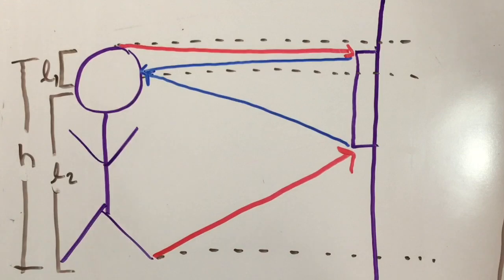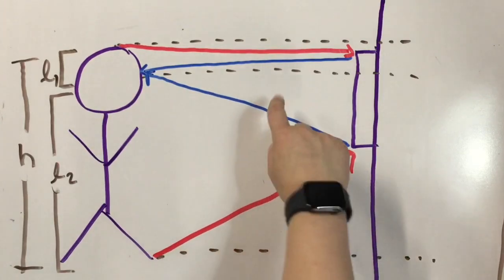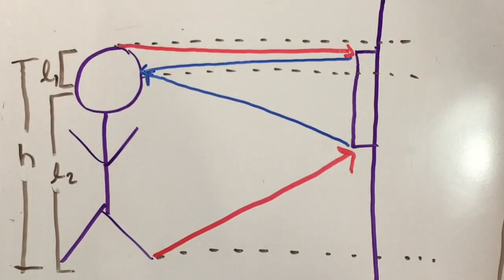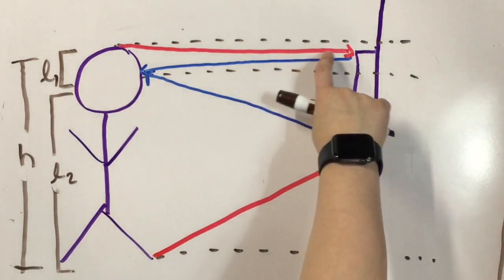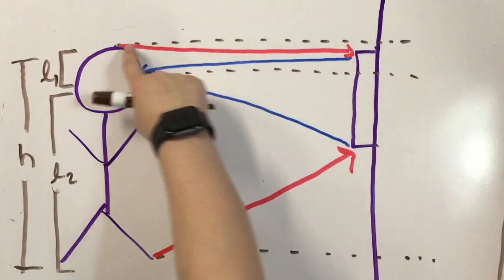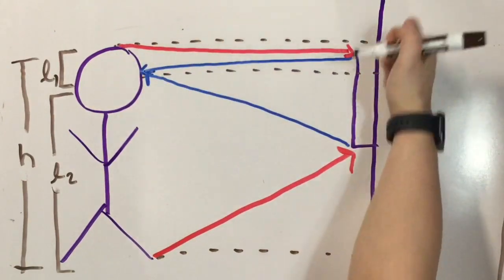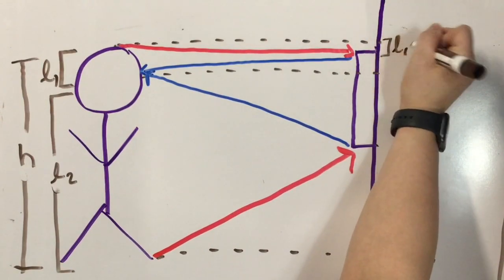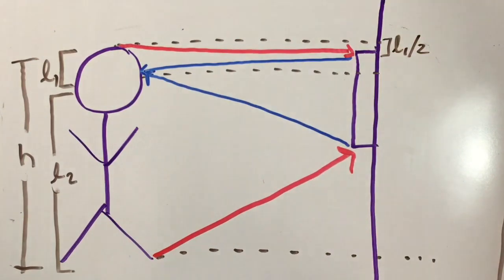We know something interesting about these. Since they're bouncing off at an equal angle, we actually know that they're cutting it in half, which means that this distance here, from the top of the head to where the ray hits, is L1 over 2.